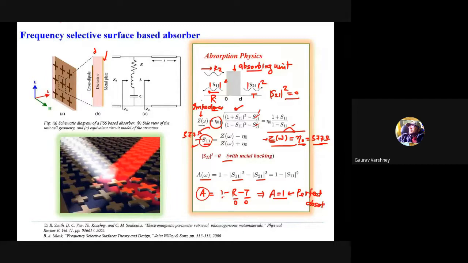Okay, so generally it is very difficult to attain the value of A equals 1, because we may completely block the transmission, but it becomes very difficult to match the impedance offered by this absorbing unit perfectly to the free space impedance. There remains some negligible amount of reflected wave, and that may occur because of material discontinuities at the interface, or the different kinds of lossy materials that we generally utilize in designing a particular material.